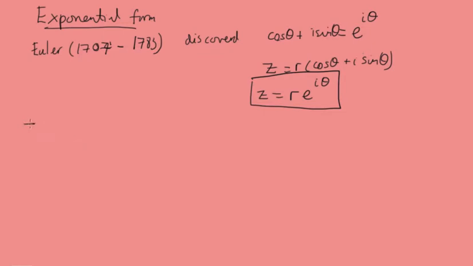So the coordinates r and theta, where r is the modulus and theta is the argument, are called polar coordinates.